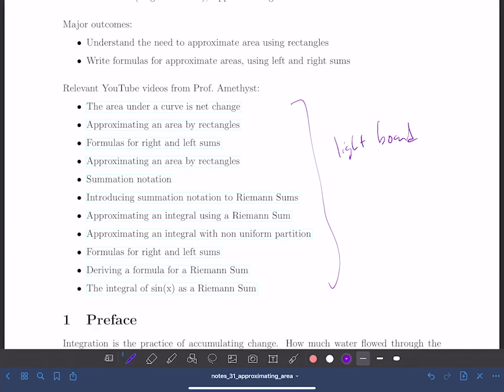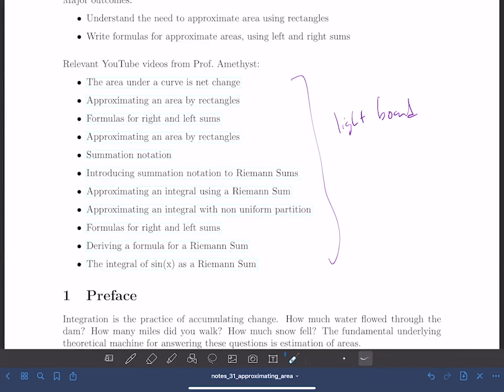They don't perfectly follow my notes because I do not make these Lightboard videos to be consumed in conjunction with my notes necessarily at this time. Instead, they're intended for general consumption by the world and hopefully are useful to anybody in any Calculus 1 class, not just mine with my notes. So if these work better for you, then by all means, check them out. I think they're pretty good.